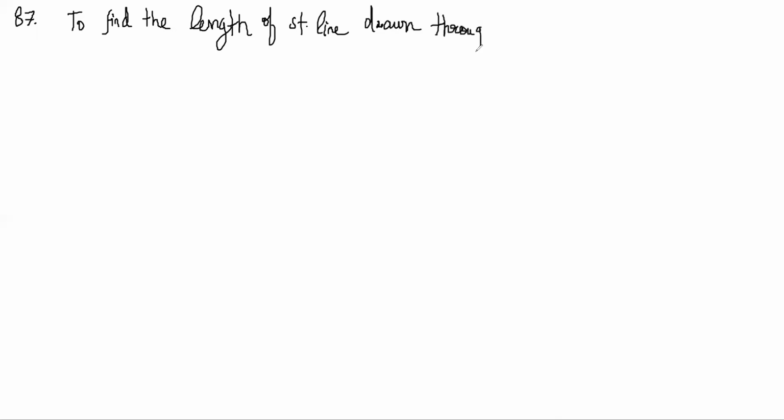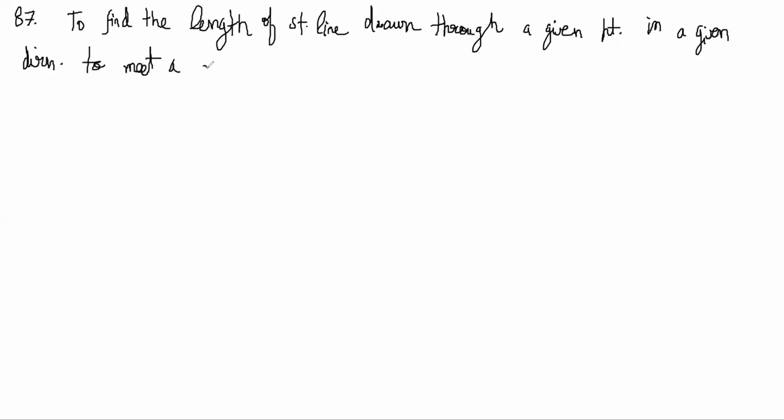87 is to find the length of a straight line drawn through a given point in a given direction to meet a given straight line.